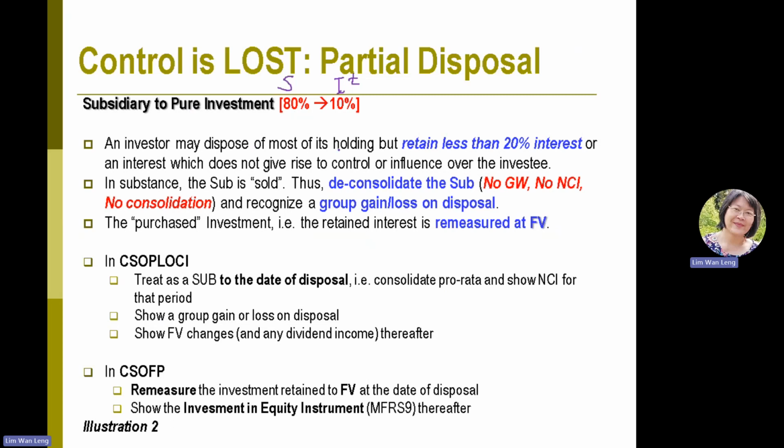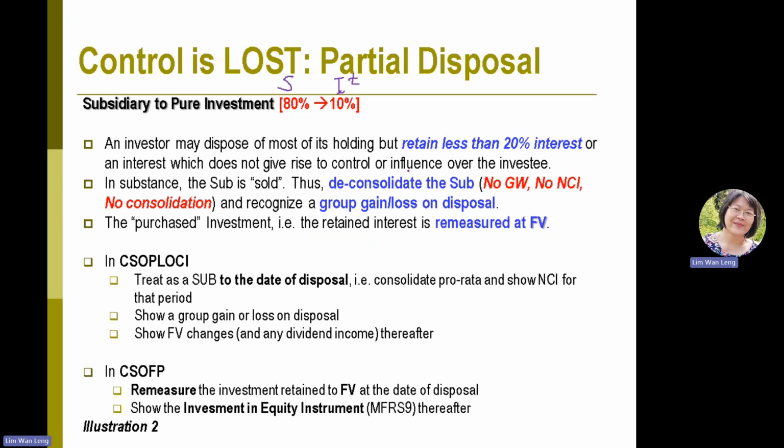So investor may dispose of most of his holdings but retain less than 20% because more than 20 we will say associate, okay, which does not give it any control, does not give it any significant influence over the investee.